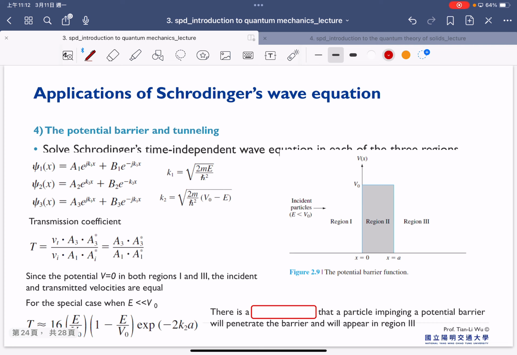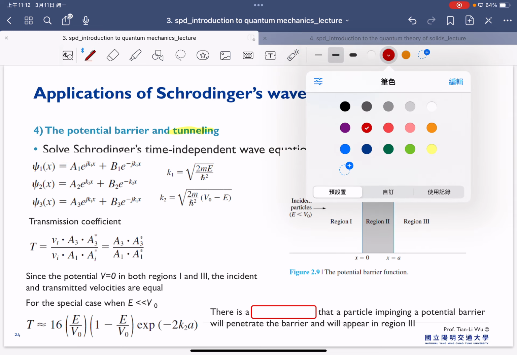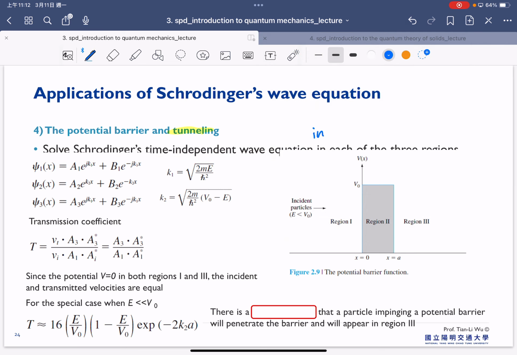Okay, so the next one is getting closer to reality. We consider the potential barrier, but now we also consider the tunneling. So we want to solve the Schrödinger time-independent wave equation in each of the 3 regions.